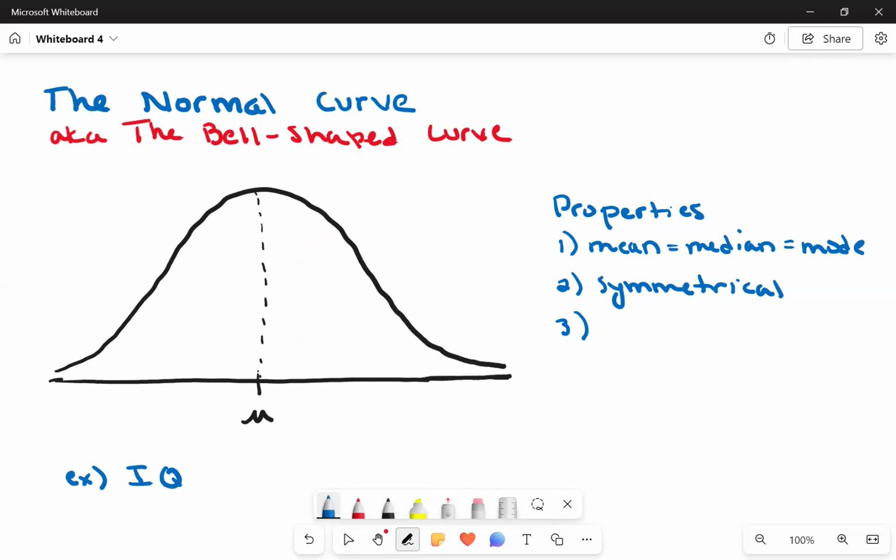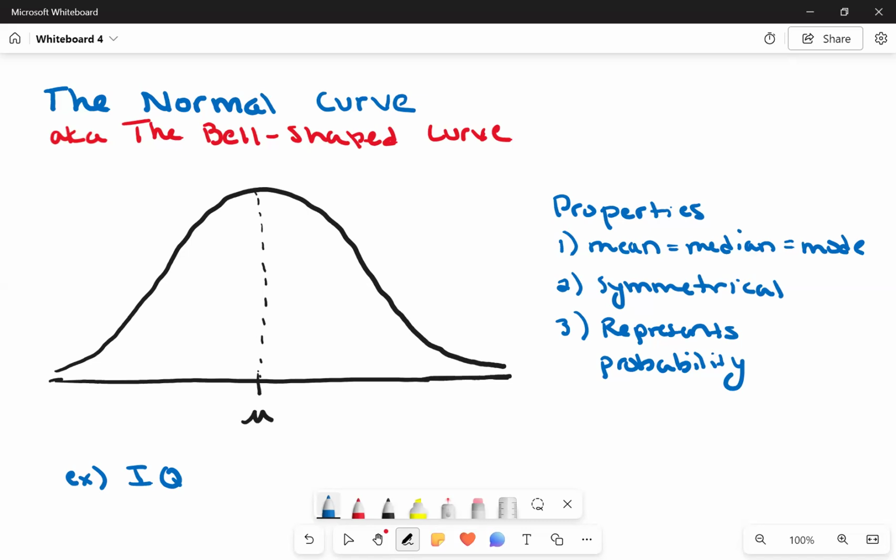It represents probability. So we're actually going to use the bell-shaped curve to talk about probability, and that's really why we're introducing it at this point. We've had a whole long discussion about probability prior to this, and now we're going to use probability to help us analyze data. And that's what the normal curve is going to do for us.